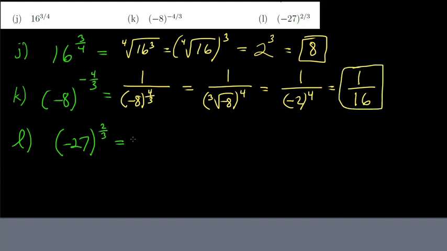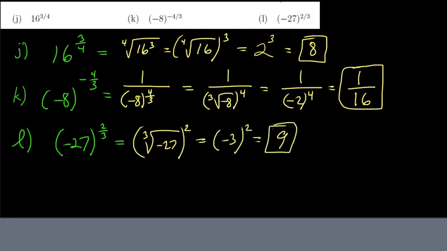And finally, negative 27 to the 2/3, so this is going to be the cube root of negative 27 to the power 2. So the cube root of negative 27 is negative 3, and negative 3 squared is positive 9. So yes, be careful with K and L. There's a lot of negative signs here, but in the end, the answer ends up being positive.